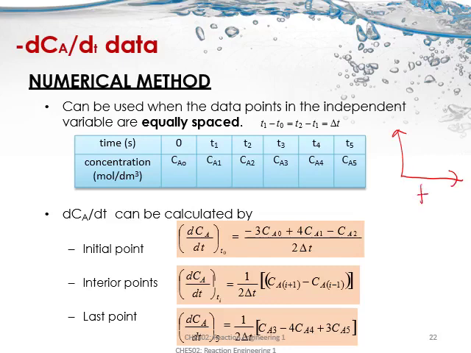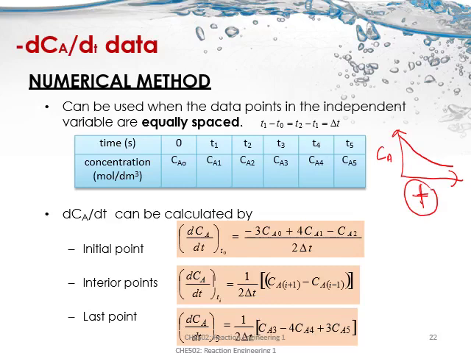This is your t and this is your concentration. As the reaction time increases, obviously your CA will decrease, so an example like this. By having this graph, you can identify the concentration at any time that you want.